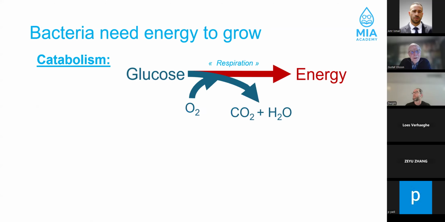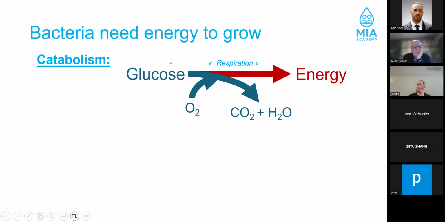So bacteria need energy to grow. So where do bacteria get their energy from? Well, when we talk about heterotrophic bacteria, they get it from organic substrate. So this is the typical model substrate that we might talk about, might be glucose.